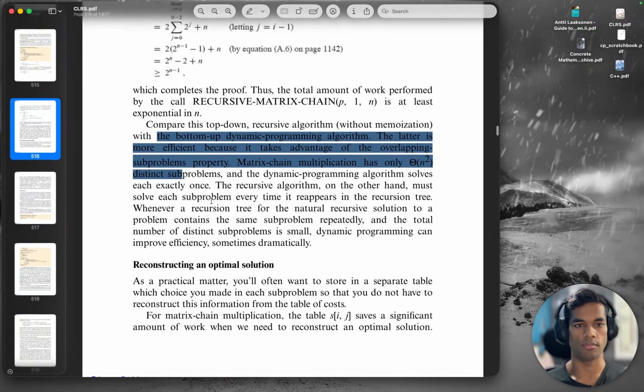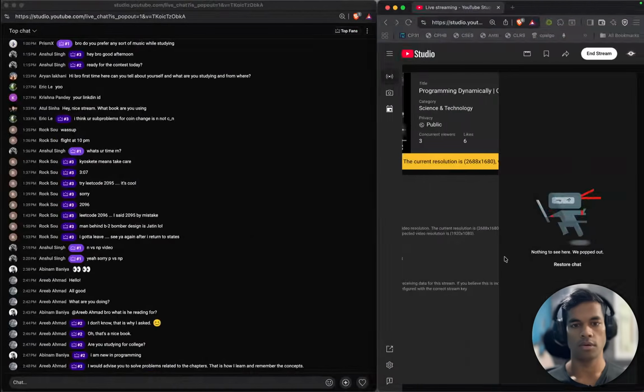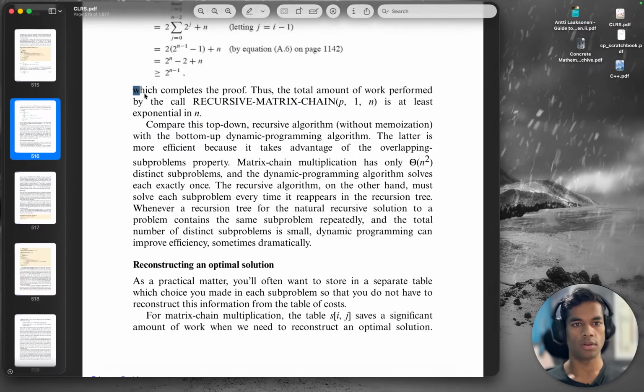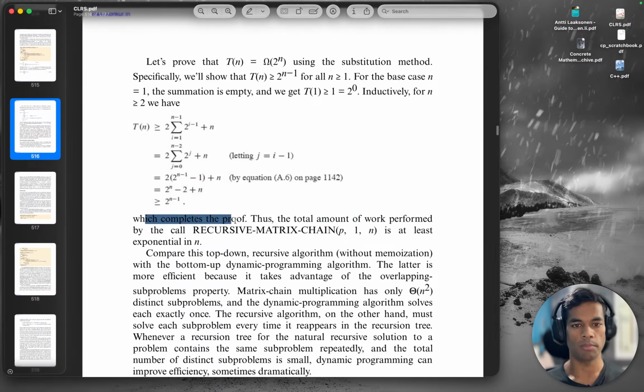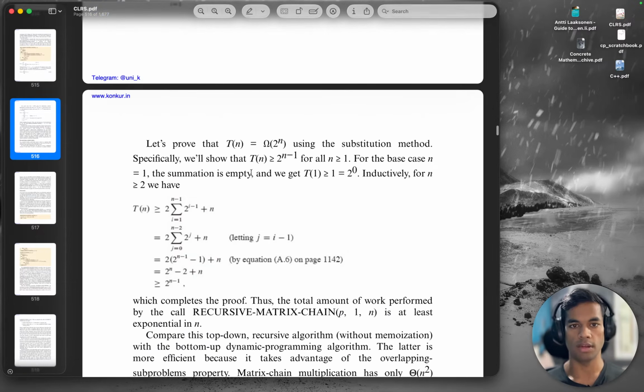That completes the proof. Thus, the total amount of work performed by the recursive matrix chain call is at least exponential in n. It might be greater because we have the greater than or equal sign, so it is at least this.